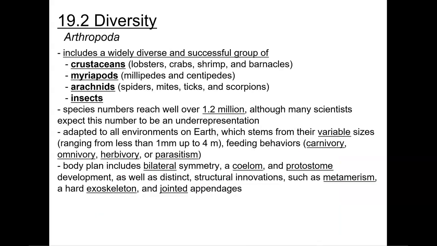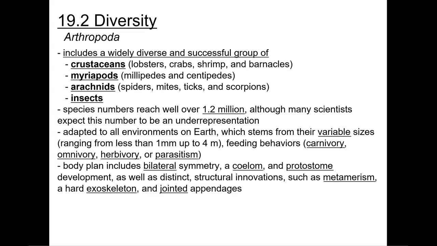Now we're going into the arthropods, so Arthropoda. This includes a widely diverse and successful group of crustaceans, myriapods, arachnids, and insects. Species reach over 1.2 million, although many scientists expect this number to be an underrepresentation. They're adapted to all environments on Earth, which stems from their variable sizes, ranging from 1 millimeter up to 4 meters, and their feeding behaviors.